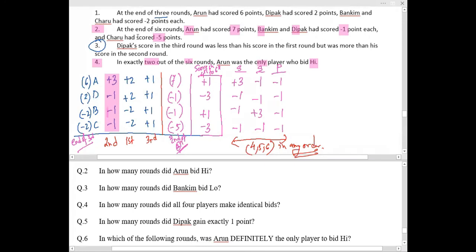Let us get into question number 2. In how many rounds did Arun bid high? Wherever it is high, we can find that this is actually low. All 3 are low, which we need to keep in mind. This is the 4 low case. And this is 1 high, 3 low.